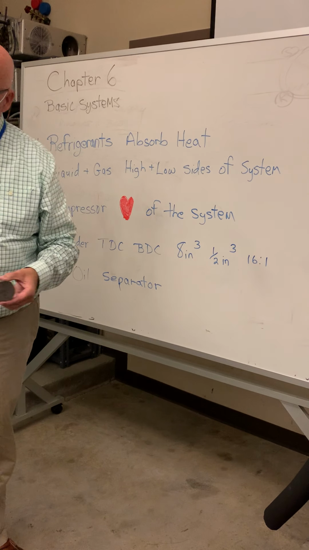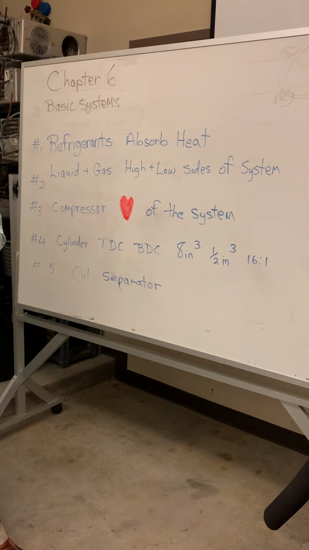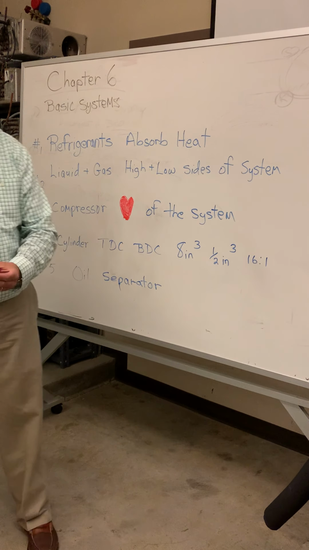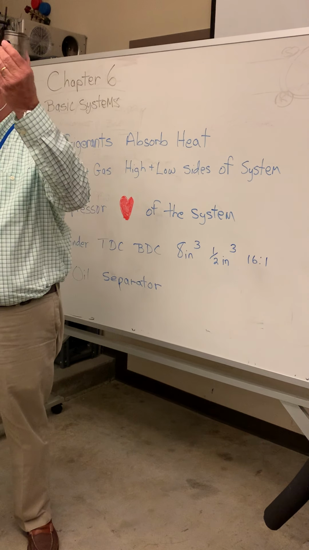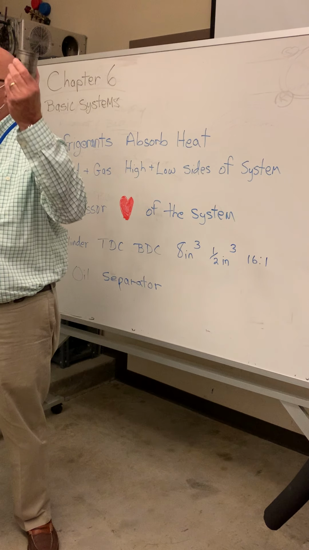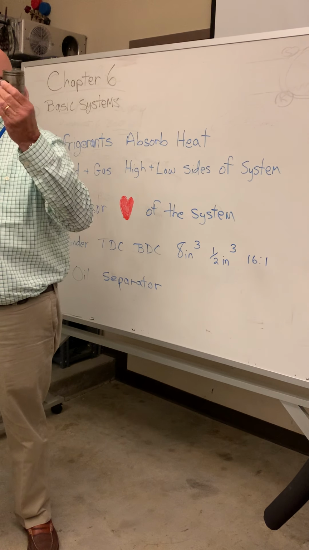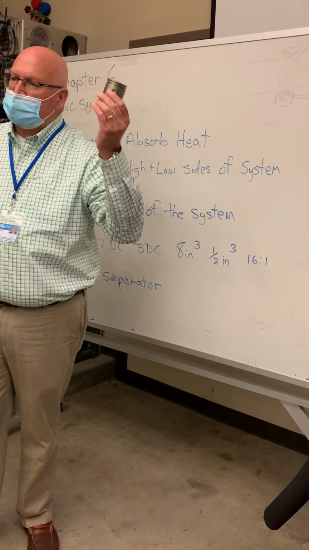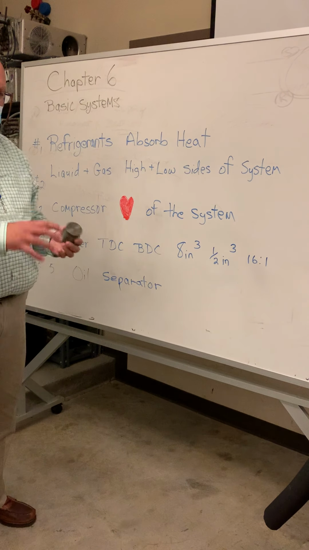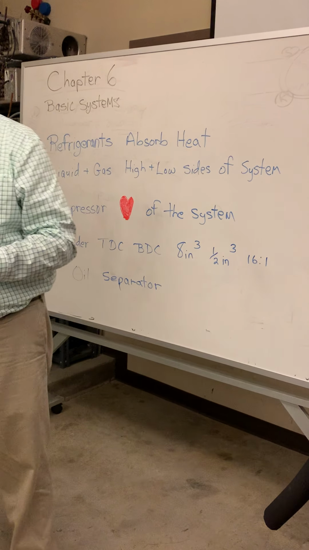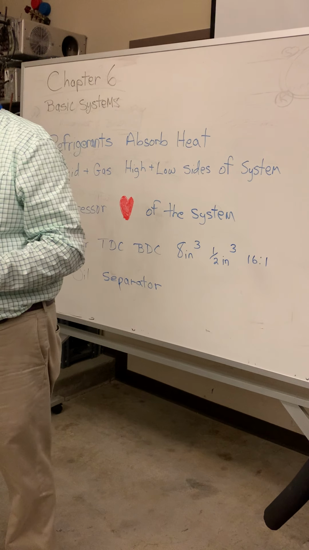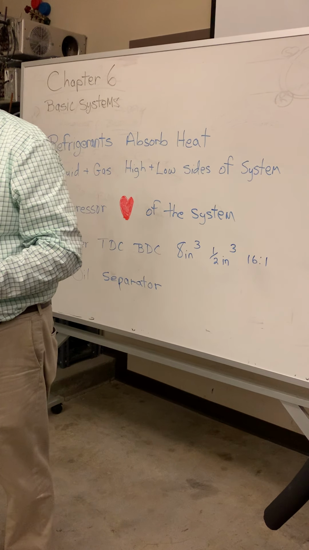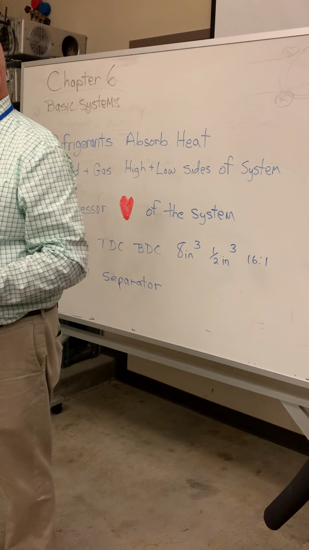So in this example of the textbook they gave us in chapter 6, when the piston travels up, it travels to a point where it can't go any further up, and that's called top dead center. At top dead center, there's just a little bit of space left where we've highly compressed that refrigerant gas, raising the pressure, raising the temperature.